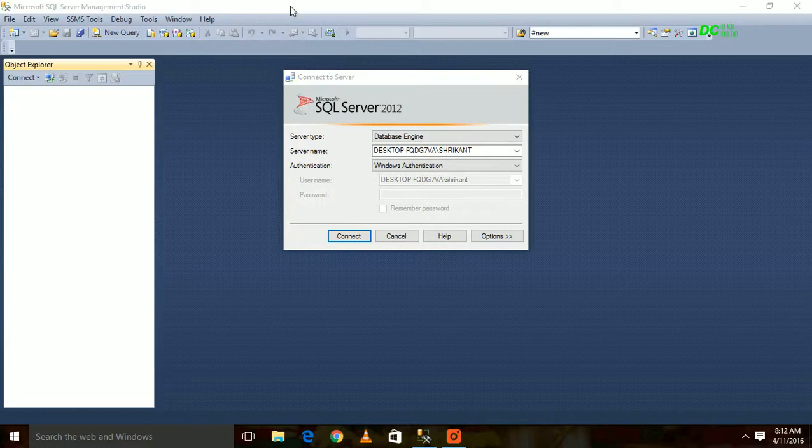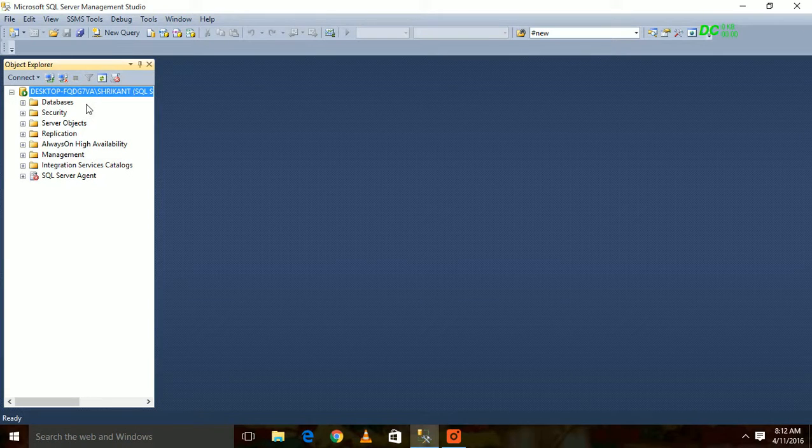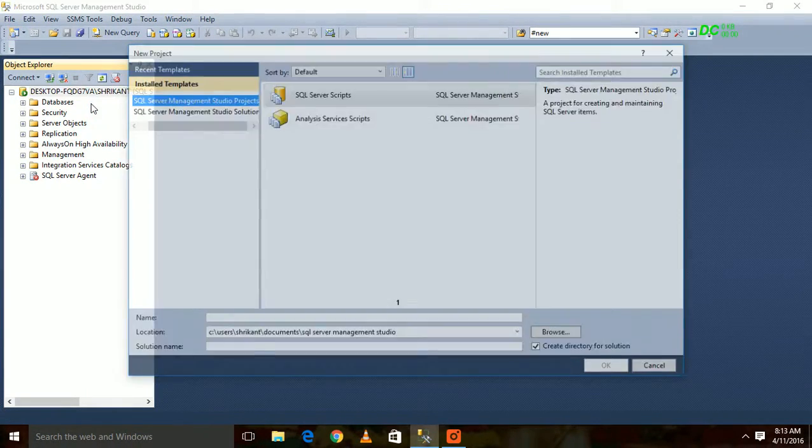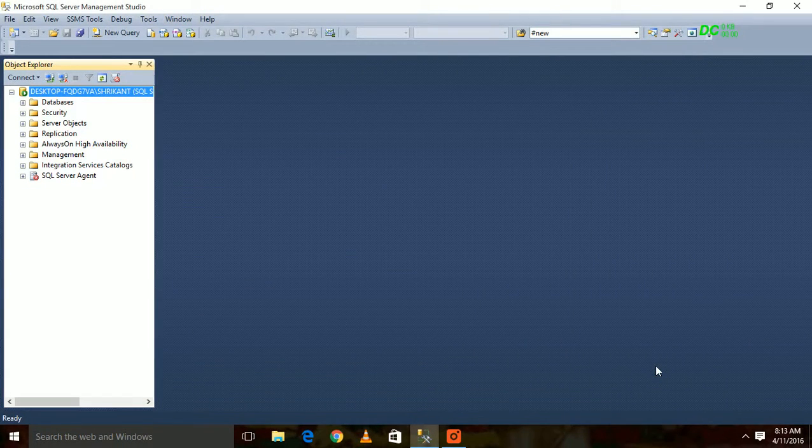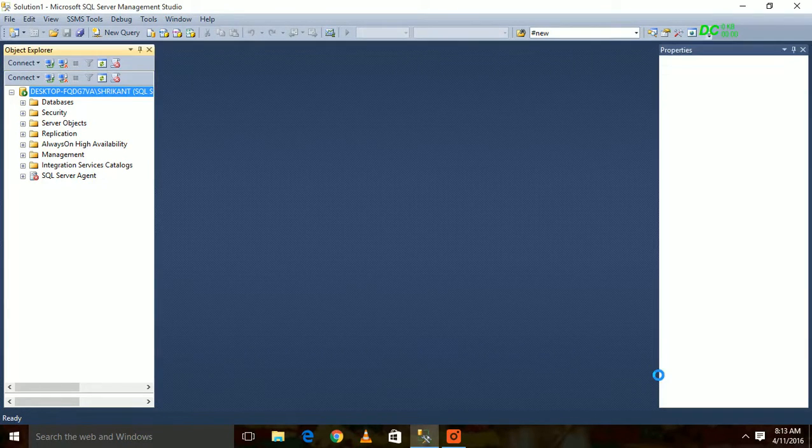So the first question normally asked in interviews, when I was a fresher trying for SQL Server, the first question which I got was: what is RDBMS? RDBMS means the Relational Database Management System.